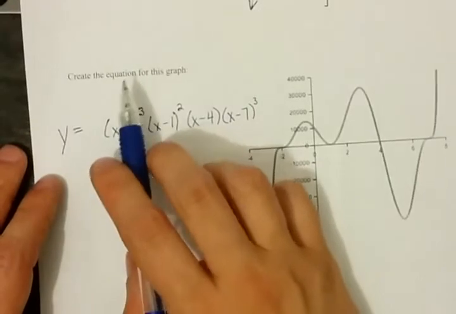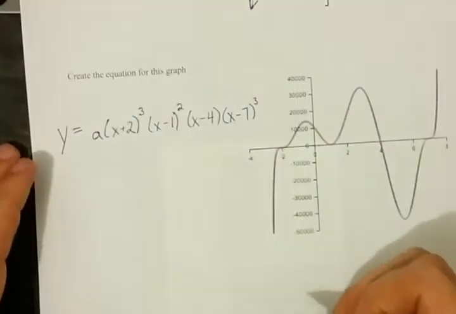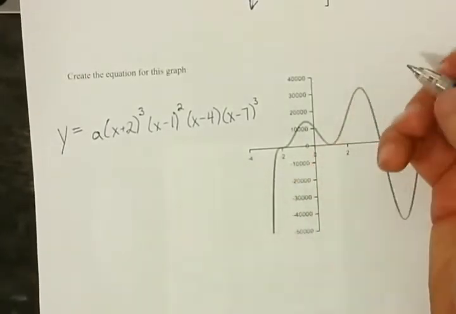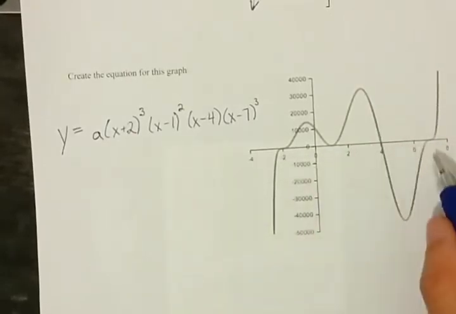To create the full equation, we need to put a leading coefficient in. I'm going to call it a. And then you've got to plug a point in for x and y. Let's say, and by the way, that point can't be any of the x-intercepts.